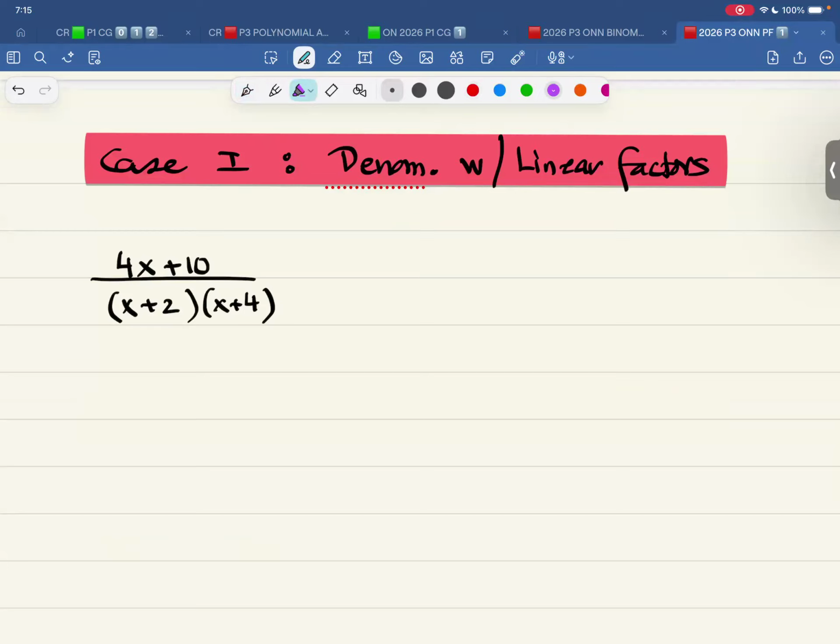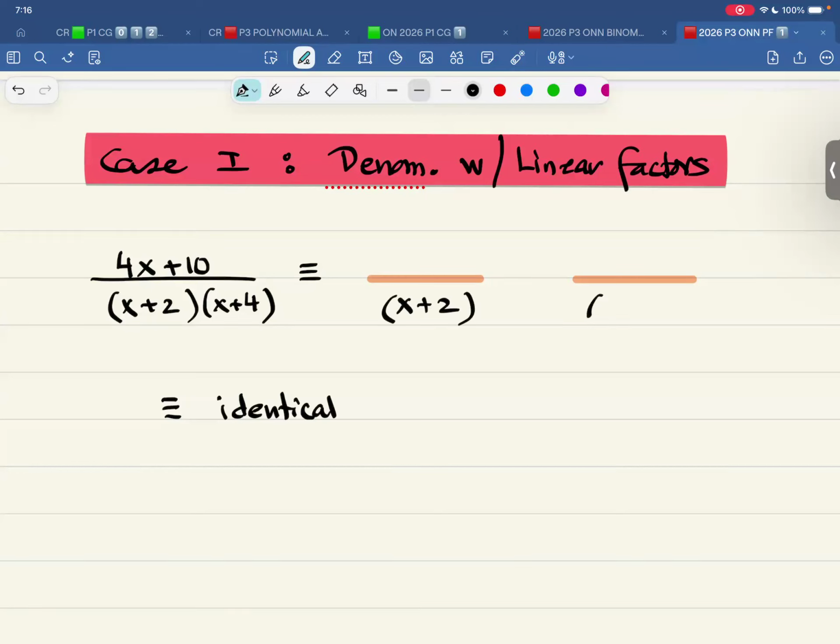So what we will do is that we will write two fractions. That means this should be identical to, this is the symbol for identical. The first denominator has this bracket x plus 2. The second has this bracket x plus 4.